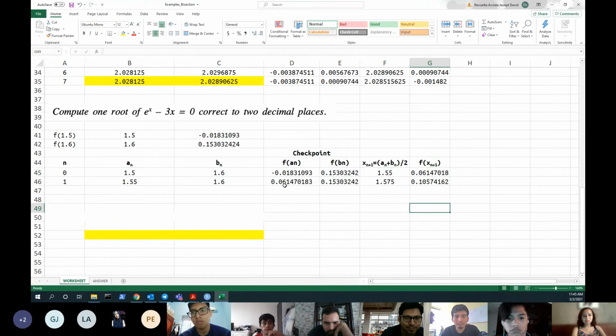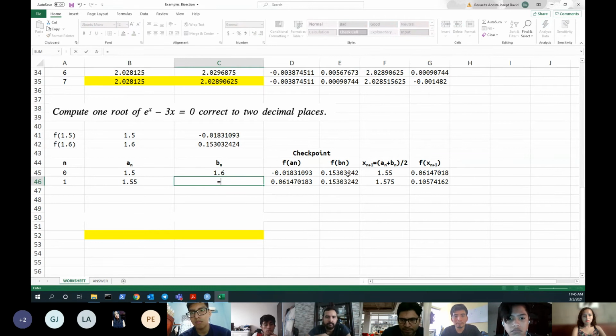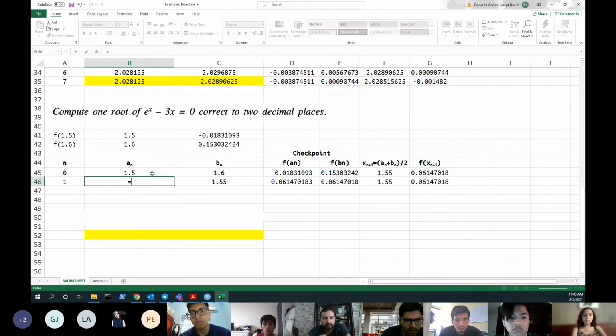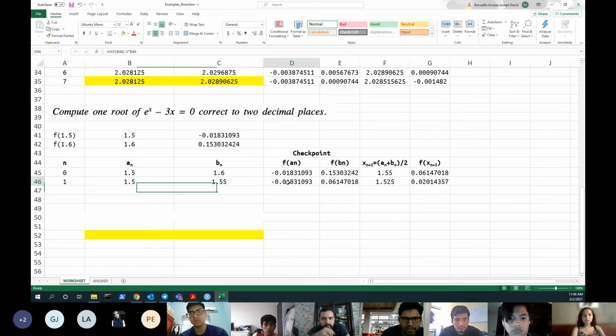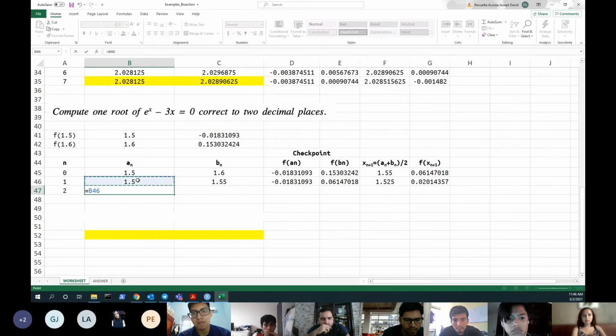I see it's positive, so I have to modify this, and this is going to be the one that changes, and this is the one that is going to be constant. So now it's negative, positive, it's fine. So I continue, so this is going to stay constant as well, and this is going to be this one.